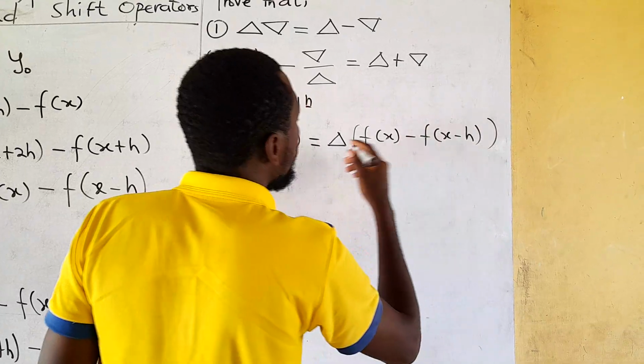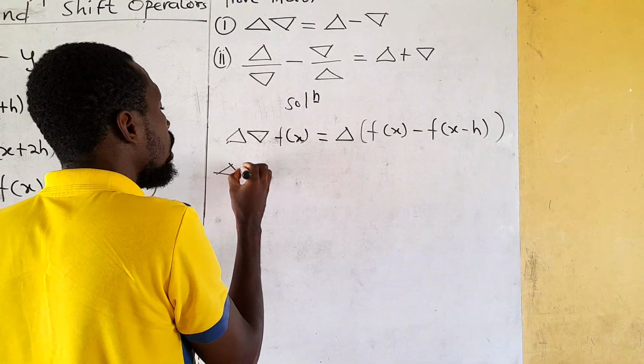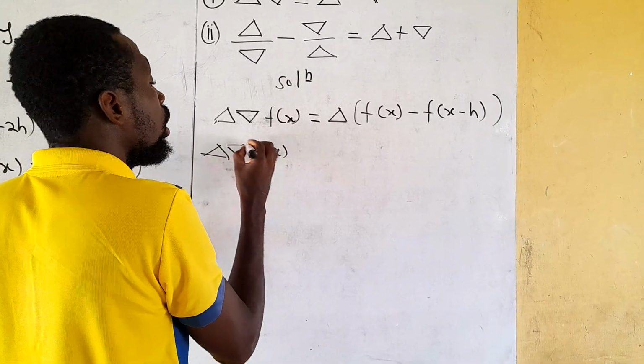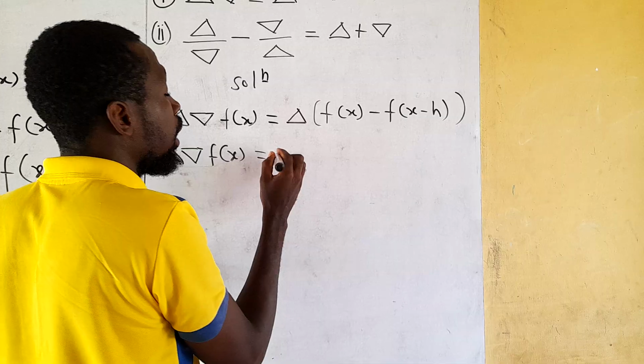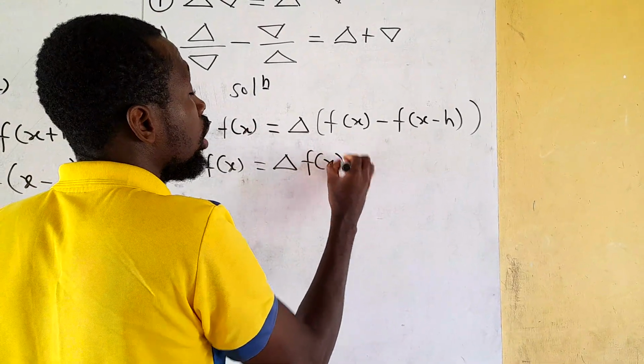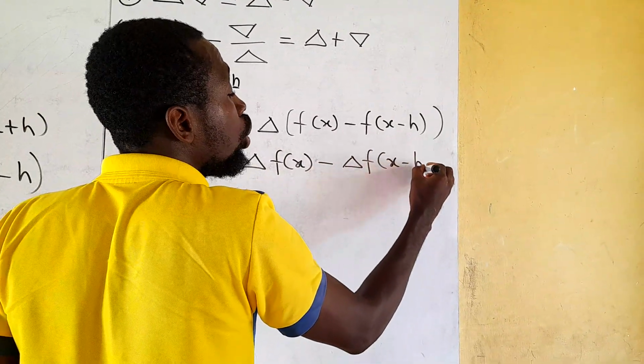I hope you get that. Now we can expand. The delta nabla of the function will be equal to, now I'll expand this, delta of the function f of x, then minus delta of the function f of x minus h.